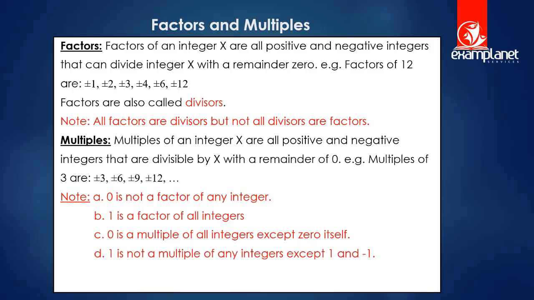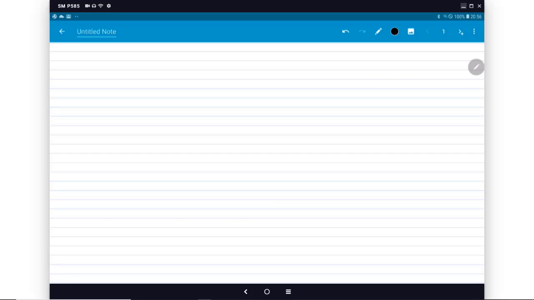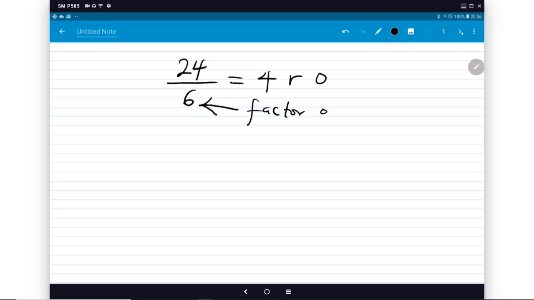As you can see, multiples and factors are very related. So for instance, 24 divided by 6 is 4, remainder 0. Therefore, this 6 is a factor of 24, since it produces remainder 0 when we use it to divide 24, while 24 itself is a multiple of 6.